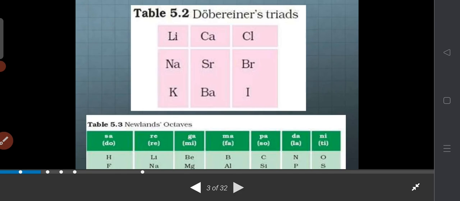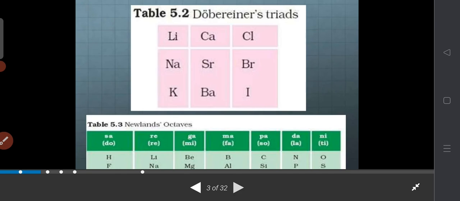We have musical notes like Sa Re Ga Ma Pa Dha Ni Sa. That way there are 7 notes, and with Sa again there are 8 notes. The first one is Sa and the last one is Sa. Similarly, an element will have the same kind of property as the first, at the 8th number.